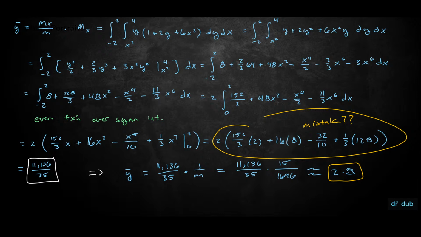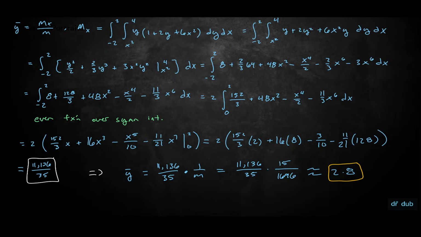And this should be negative 11 over 21. And so this should be negative 11 over 21. There we go. Now I think that will fix our mistake.